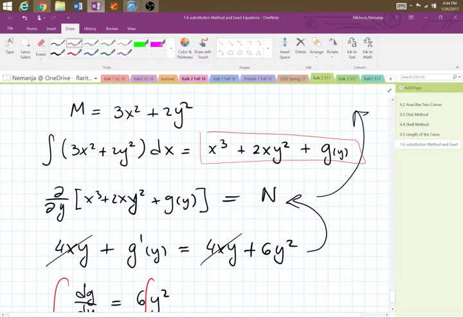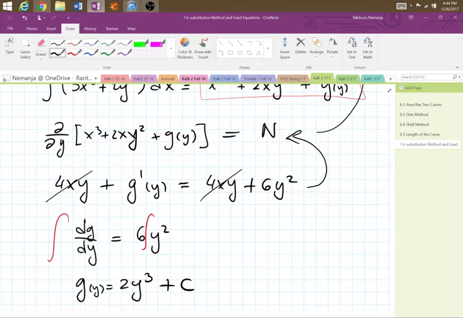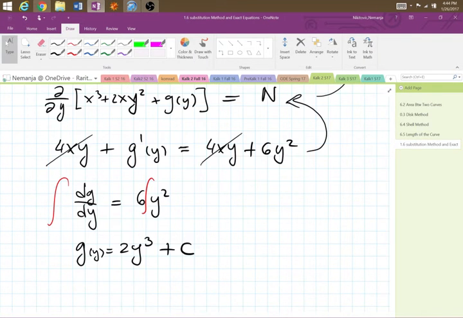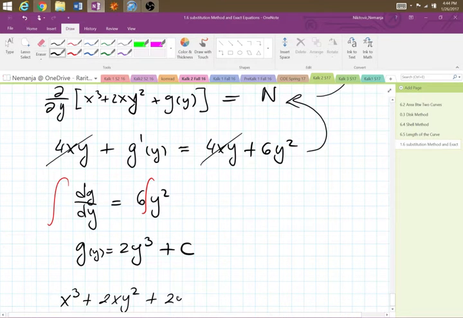So copy and paste x cubed plus 2xy squared plus 2y cubed plus c. So that's the f of x, y in implicit form again. Can't solve it for y equals everything else. And that is actually your general solution to the differential equation. If you have an initial condition, plug it in, get the c, and be done. Good luck.